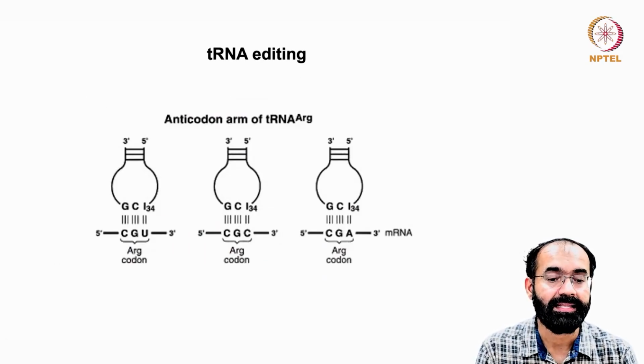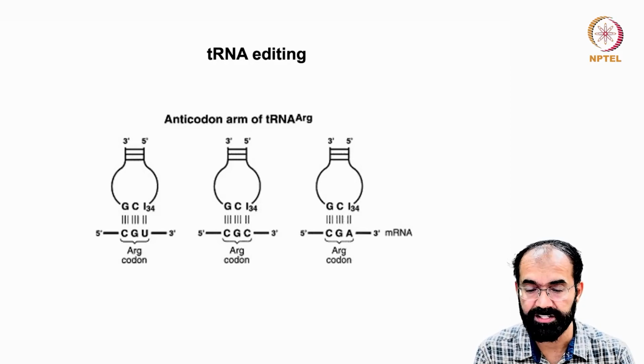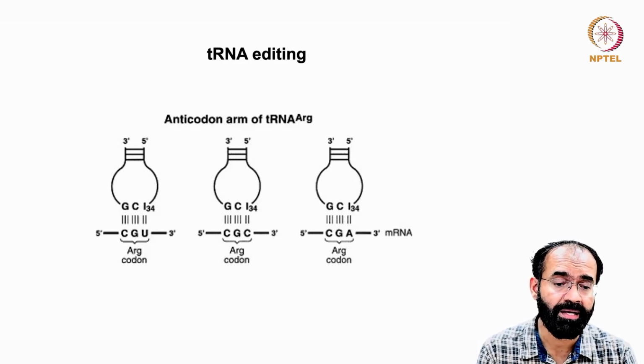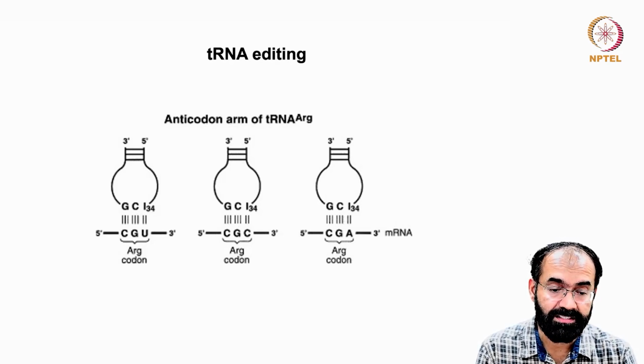tRNA editing in the anticodon arm of tRNA can bring changes, and this tRNA is meant to carry arginine. Here what happens, G, C and I is there normally, and this is the loop of the tRNA and this is the mRNA.